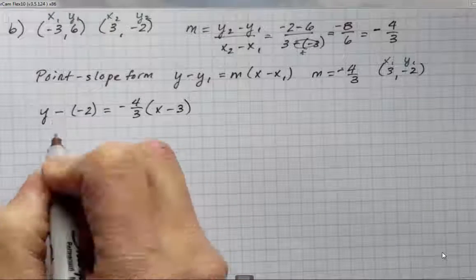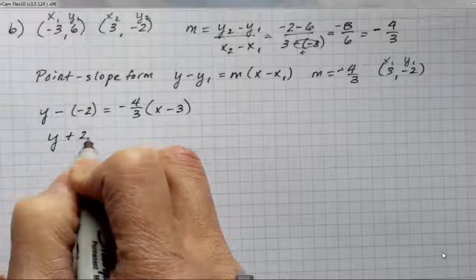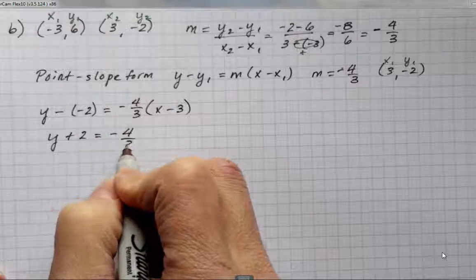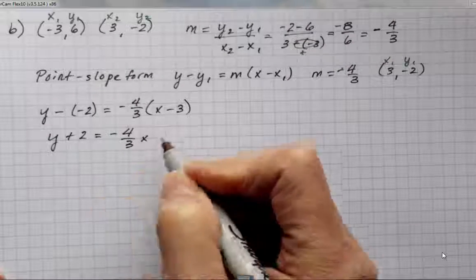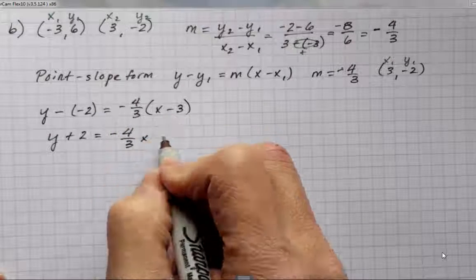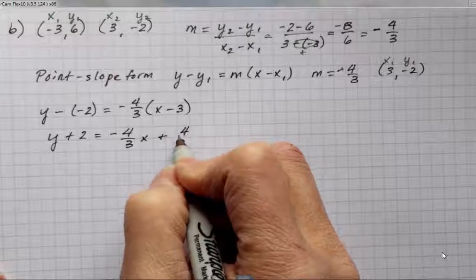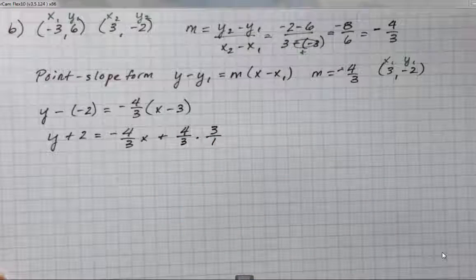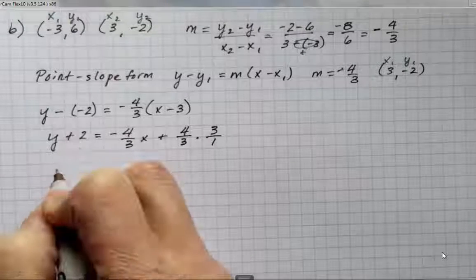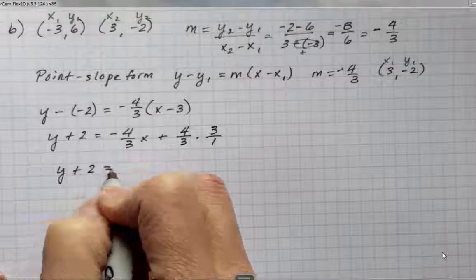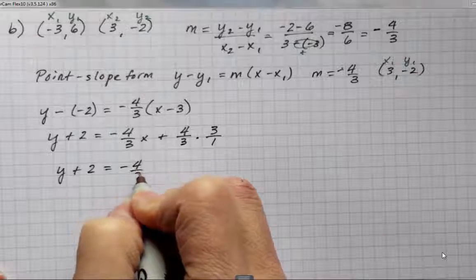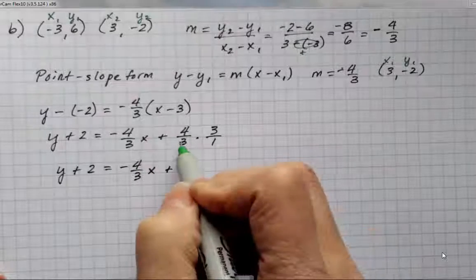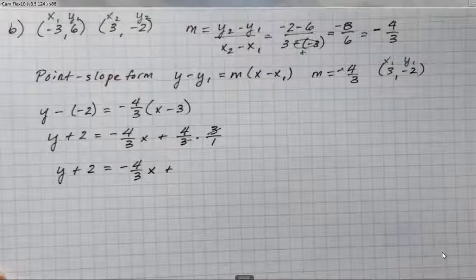Again, double negative here makes a positive, so y plus 2 equals, distributive property, negative 4/3 x, and then a negative times a negative gives me a positive 4/3 times 3, and you can write it as 3 over 1 if that helps. So y plus 2 equals negative 4 thirds x plus, and again, I can cancel out like factors, so it becomes just plus 4.